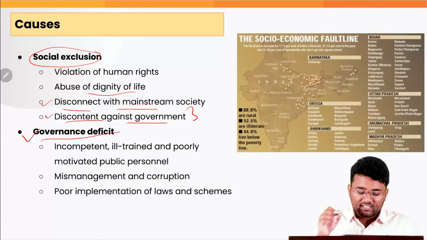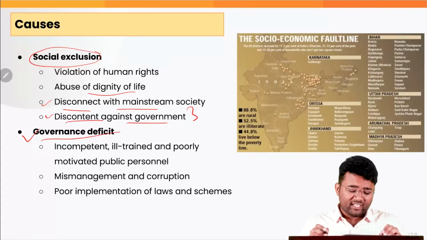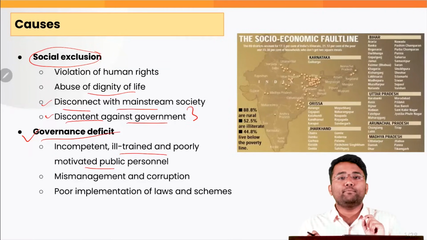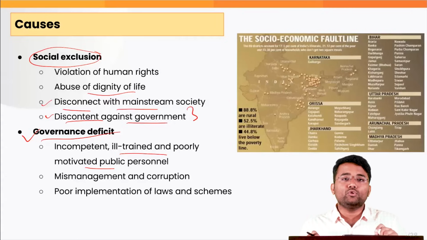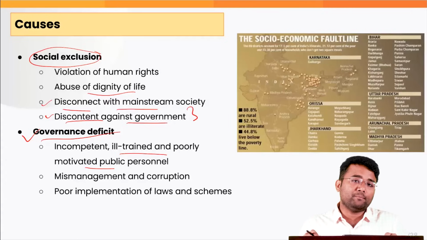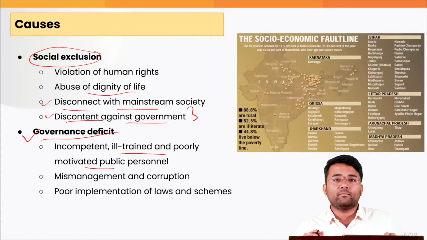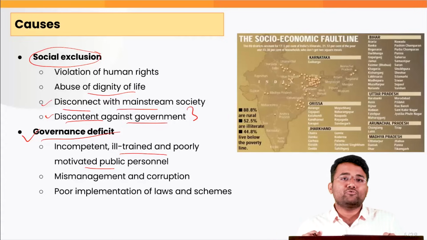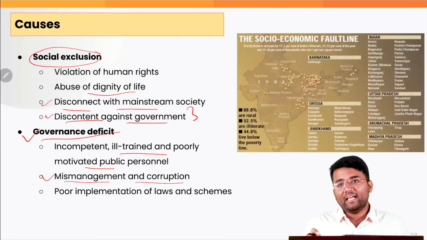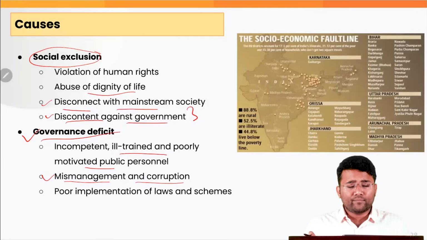Then there were various governance deficits, like incompetent, ill-trained and poorly motivated public personnel. This bureaucratic apathy, an attitude that was not serving the people and was not compassionate towards their needs, further discontented and alienated the people. And there was mismanagement and corruption.